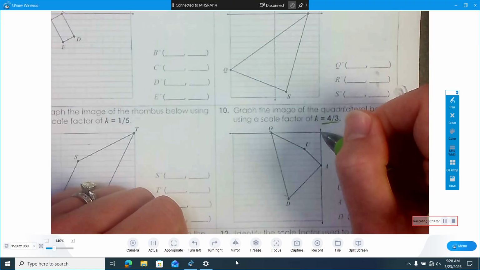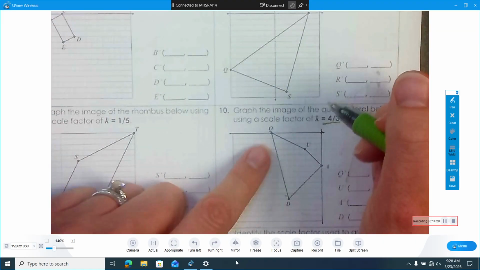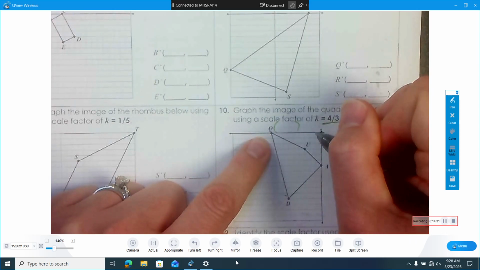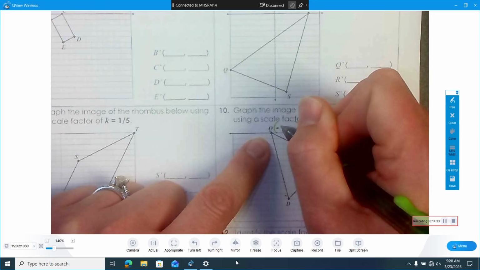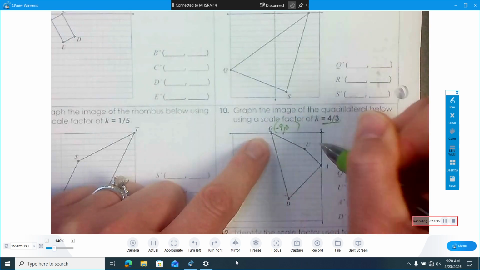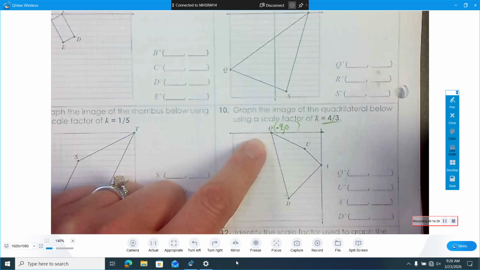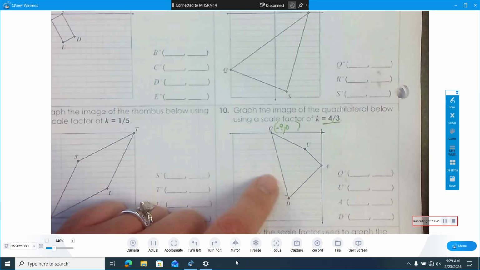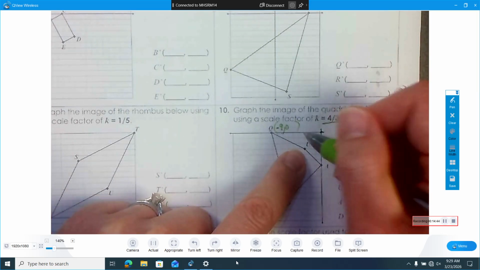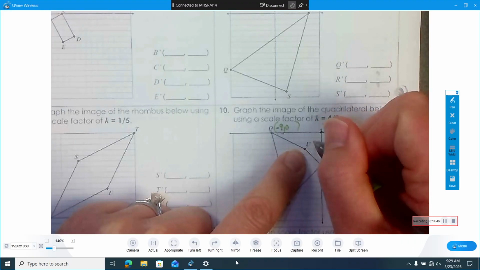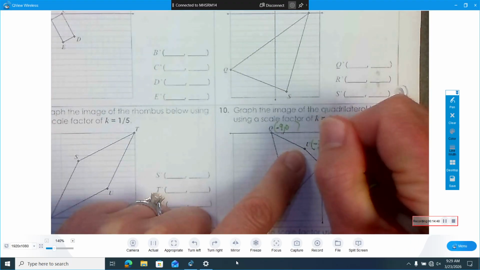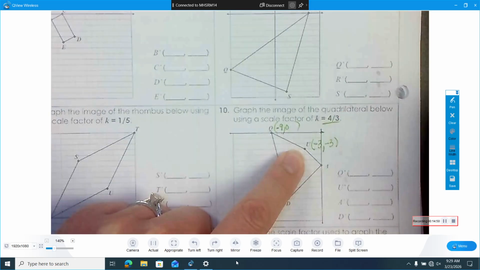So this looks like 0, 0 right here. So what's Q at? Negative 9, 0? All right. 1, 2, 3, 4, 5, 6, 7, 8, 9. I agree. All right. And U would be at negative 3, negative 3. Okay.